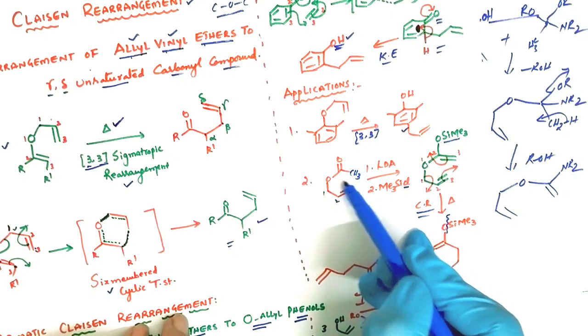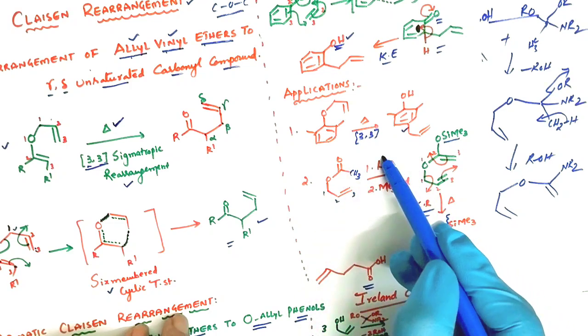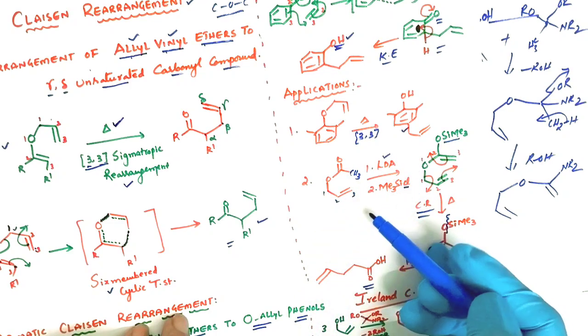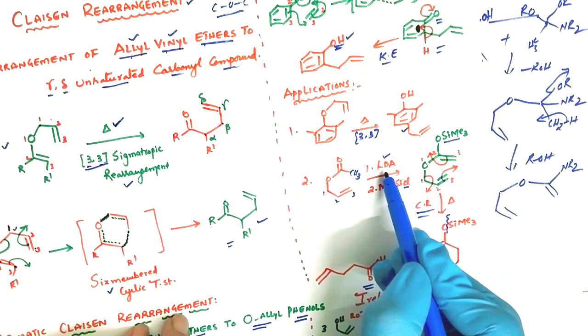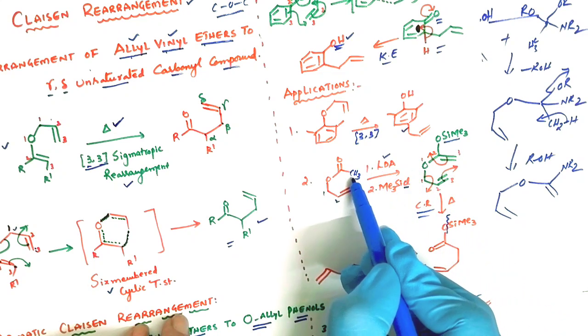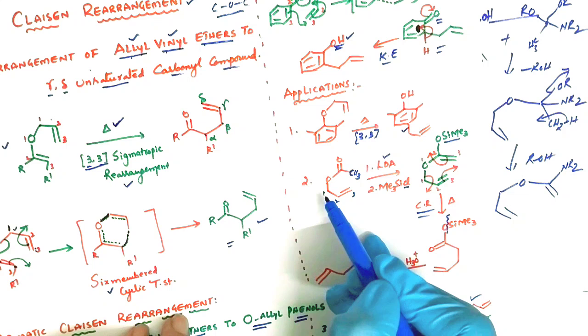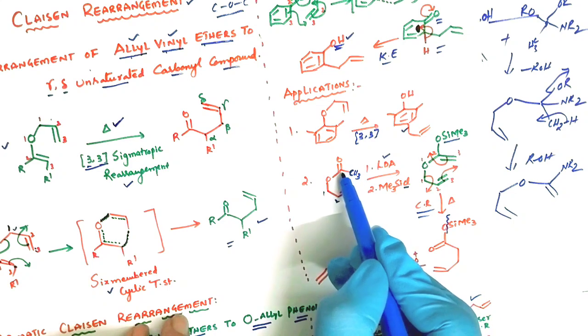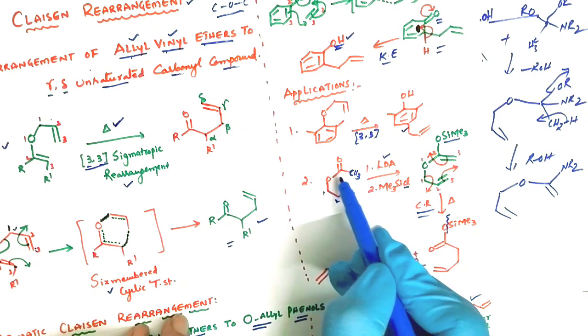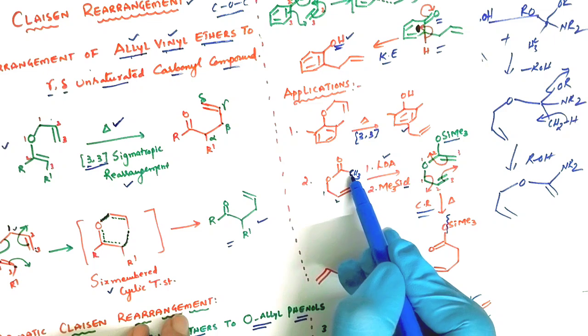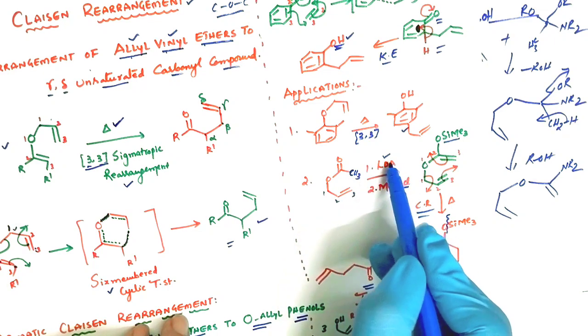Vinylic group generation should take place. For that purpose, we are using a strong base, LDA. What will the LDA do? It will remove a proton from this acidic carbon. Why? Because the carbon is connected to an electron withdrawing group. That's why this carbon is acidic in nature. So here we can easily remove a proton by using the strong base.